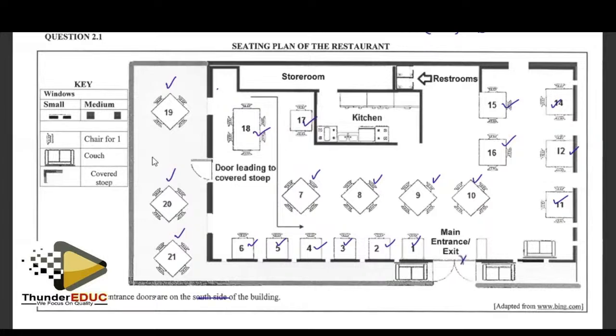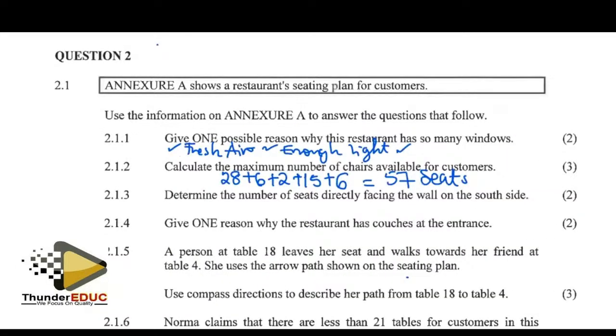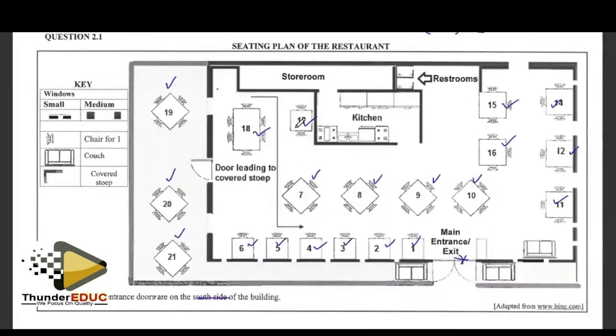If the main entrance is here, you're looking for chairs that are facing the south. Here we shall count them critically. Name the number of seats that directly face the wall, the south side, directly face. Here we shall have, I think, two answers.